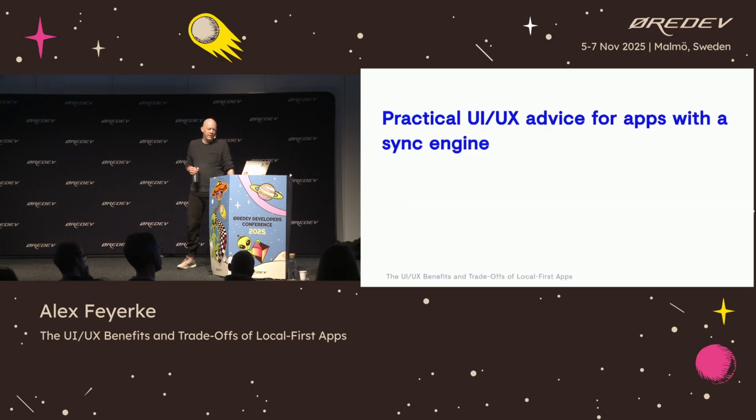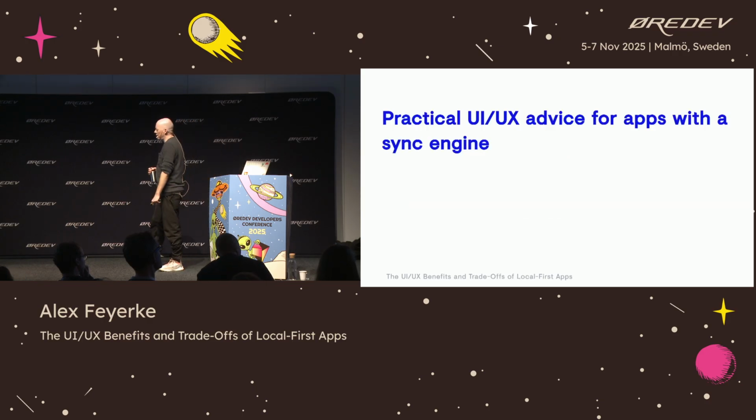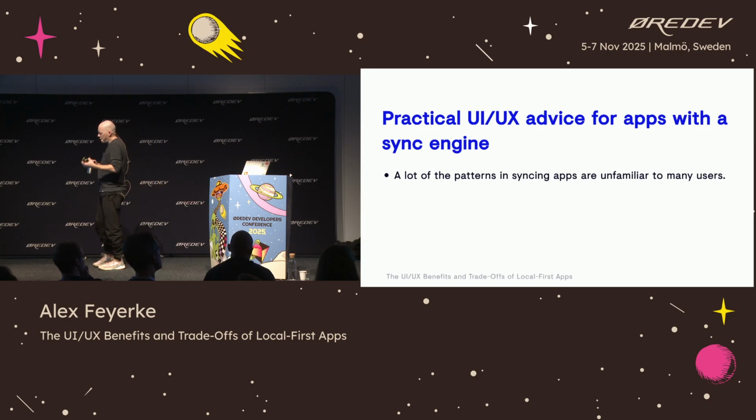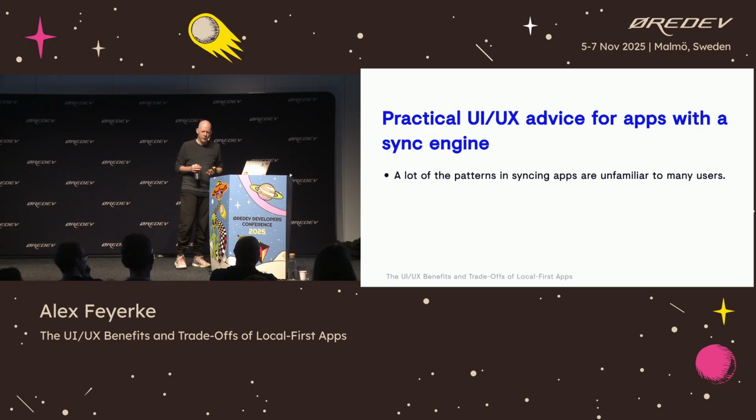All right, the meaty bits. Practical UI and UX advice. So what's the problem? A lot of the patterns in syncing apps are really unfamiliar to people, right? It's just not the way the web works for most people, and a conflict is not a failure mode people are familiar with.